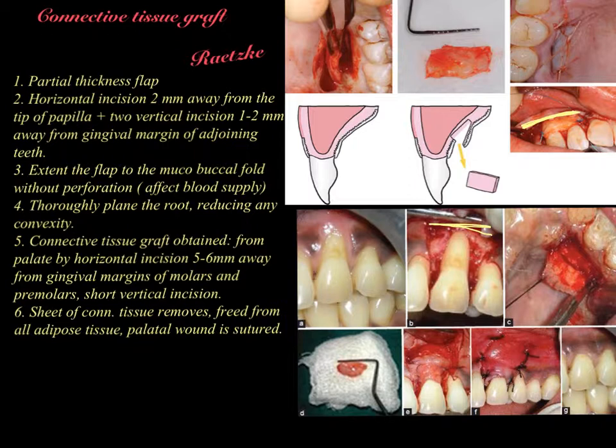Then a horizontal incision 2 millimeter away from the interdental papillae, here and here, and then 2 vertical incisions from here to here, away from the gingival margin of the adjoining teeth.